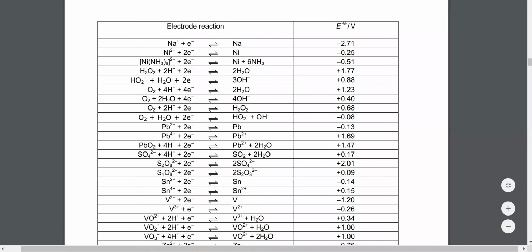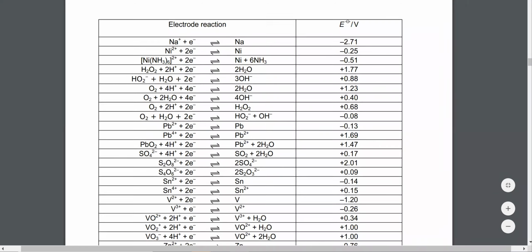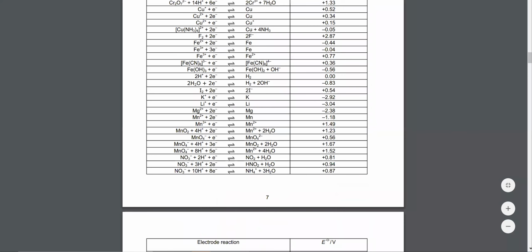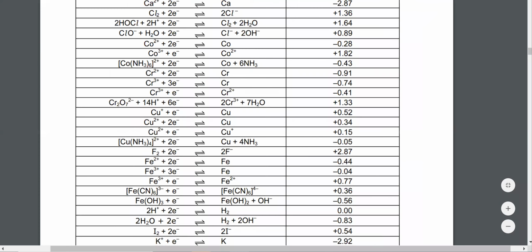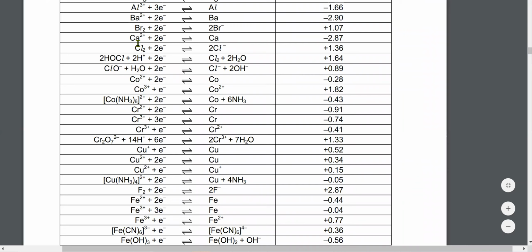So it's positive 0.15 volts. Then I had Cl. For Cl, there's one electrode which is over here. It's Cl2 plus 2 electrons in equilibrium with 2 Cl− ions, and this value is +1.36 volts.